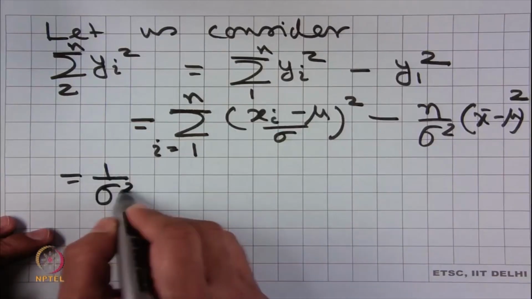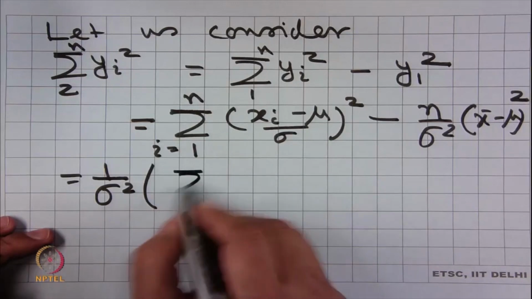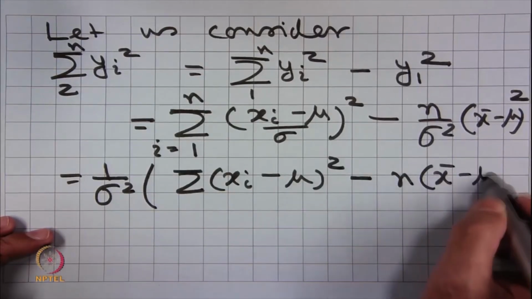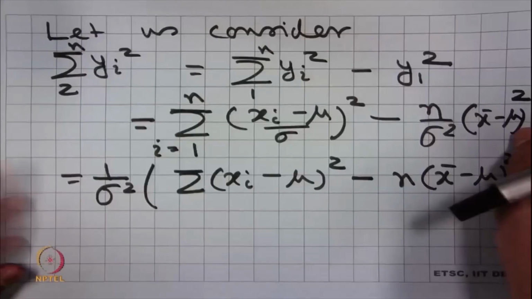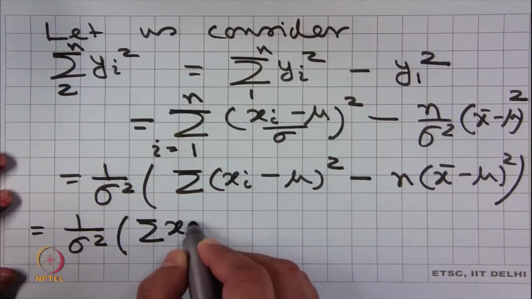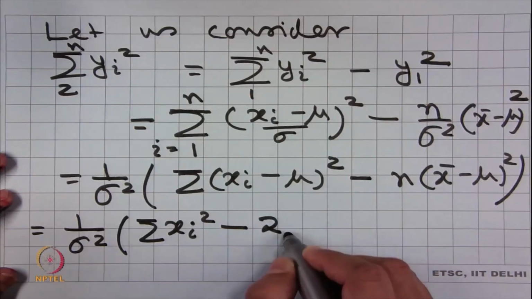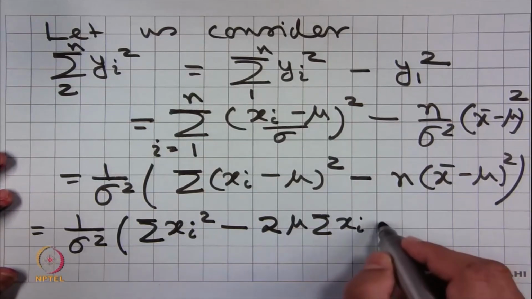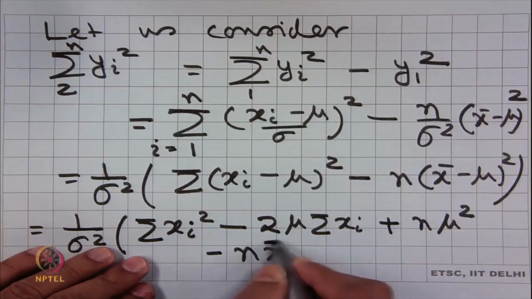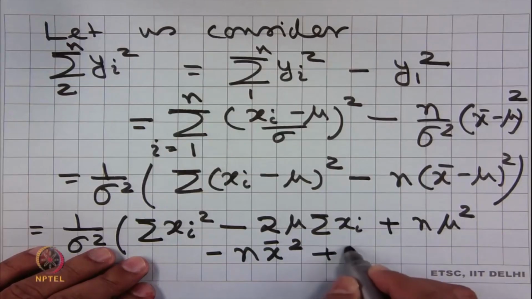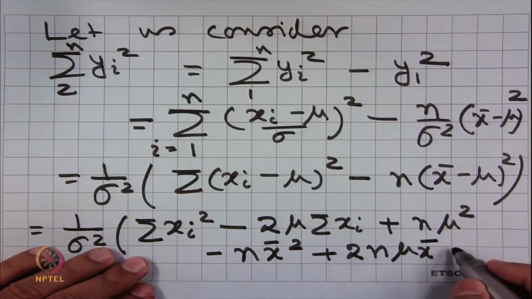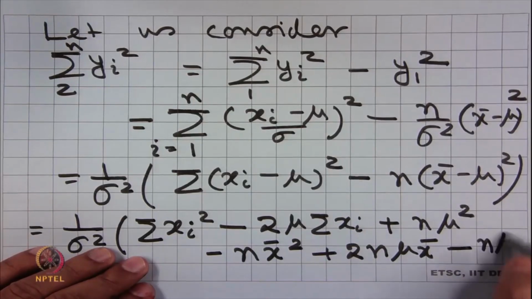This is equal to 1 upon sigma square into sigma xi minus mu whole square minus n into x bar minus mu square, is equal to 1 by sigma square, sigma xi square minus 2 mu sigma xi plus n mu square minus n x bar square plus 2 n mu x bar minus n mu square.